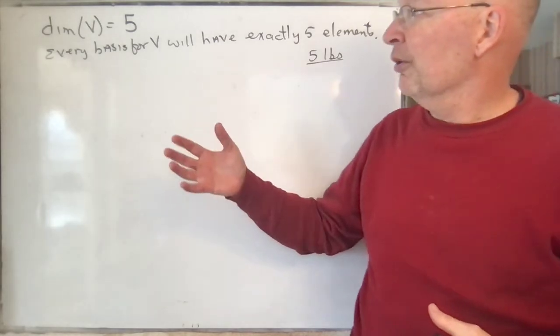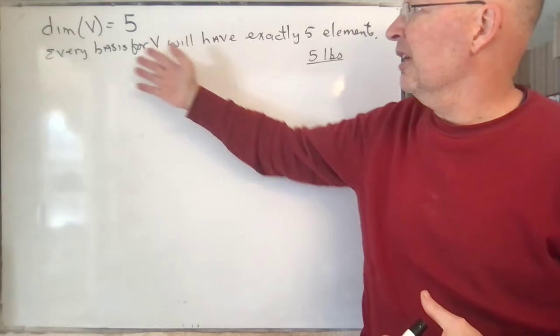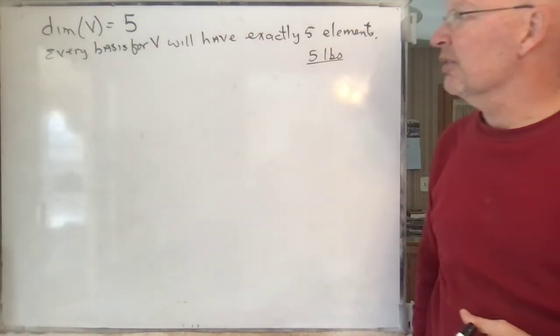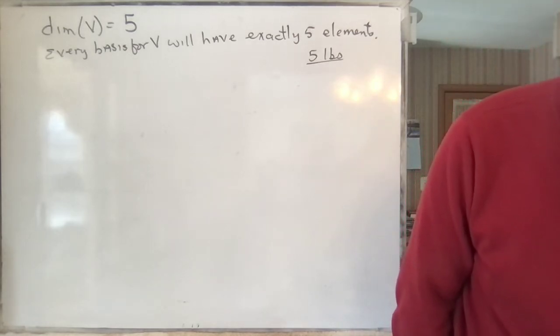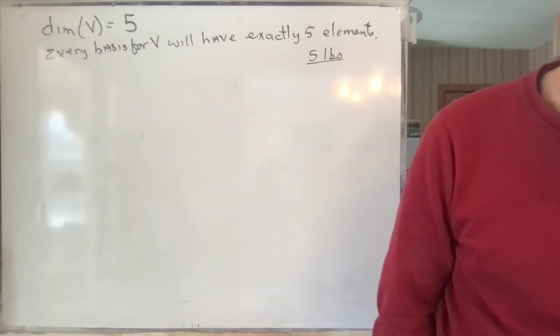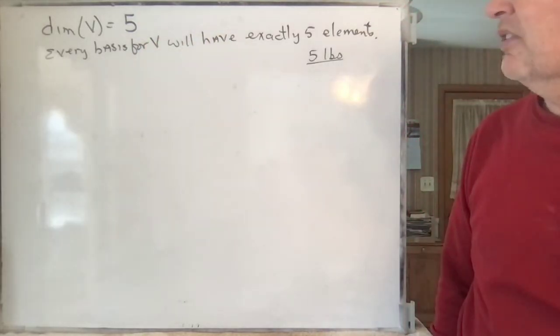So they're linearly independent. You need every single one of them in order to get the space. So let's answer some of these questions. I basically answered the first one. Every basis will have exactly 5 elements.